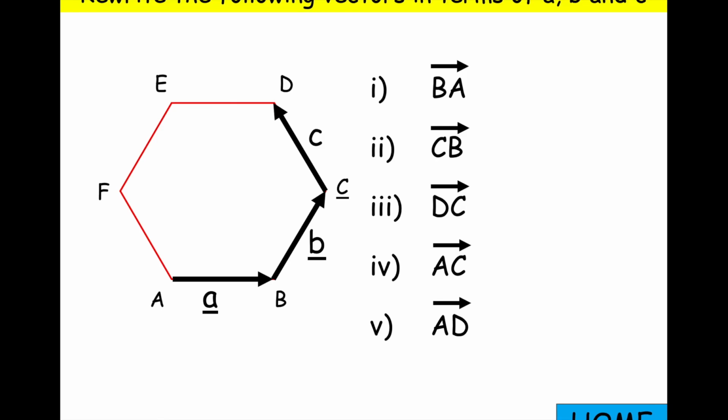Right, let's take a look at this example. Take vector BA, this should be easy. BA goes to the opposite of vector A, so that should be equal to negative vector A, or negative A. Same thing with vector CB.